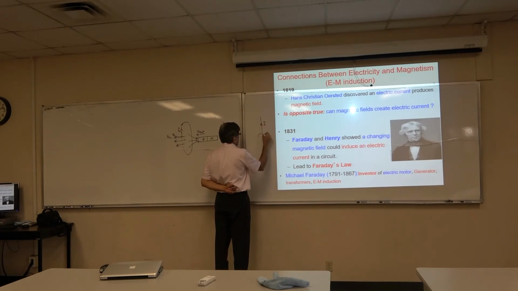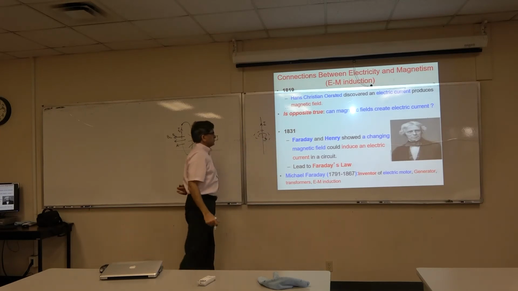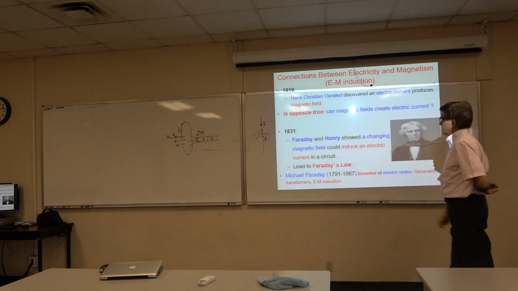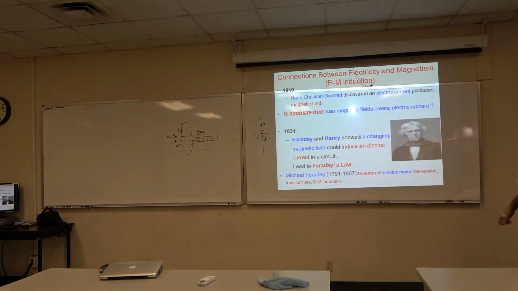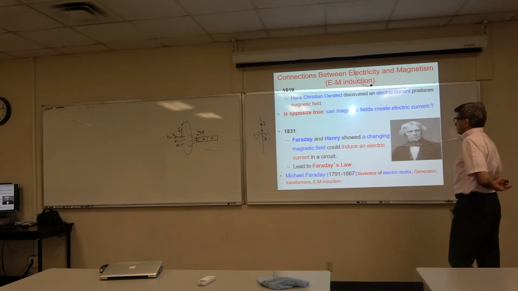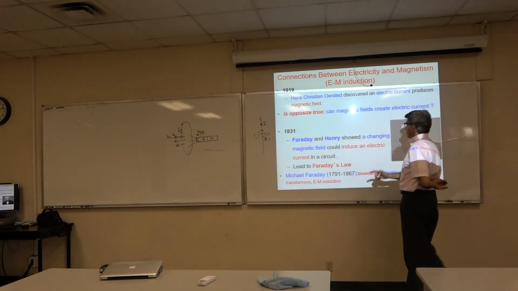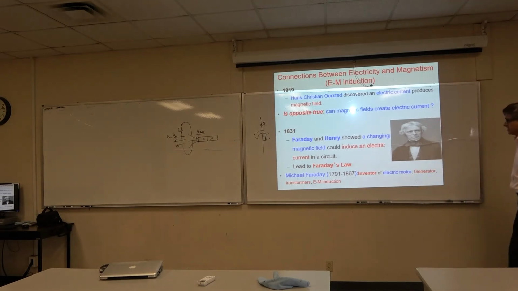A current has a magnetic field around it, right, which is an induced magnetic field. It's a straight wire. Of course, you can have circular wires. Now, the question, as we started this chapter, is the opposite true? Can the magnetic field create an electric current?